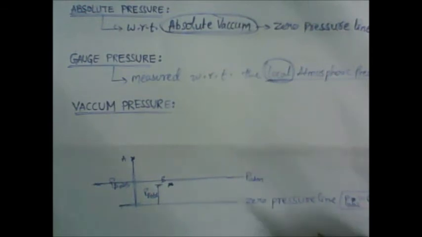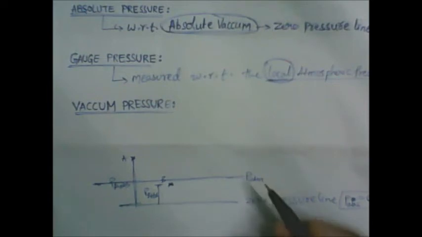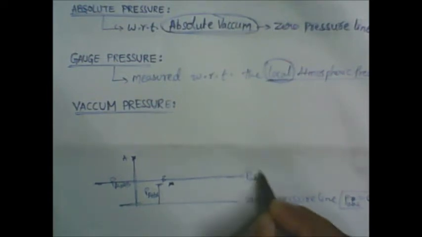When a given pressure is stated with respect to the zero pressure line, that is absolute pressure. When the pressure is measured with respect to the local atmosphere, that is gauge pressure.